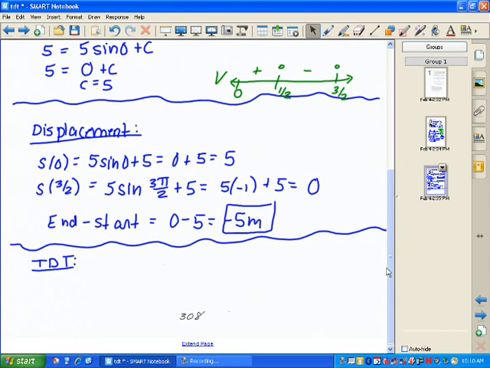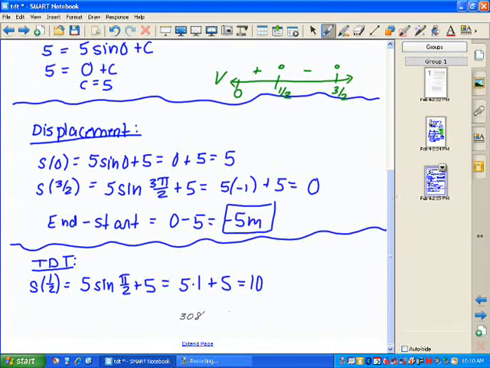So we're going to need the half as well. I'm not going to do the other two again because we have them, but we do need to do position at a half because it did stop at a half. So 5 sine pi over 2 plus 5. At pi over 2 we've got a 1. So this one is 10.